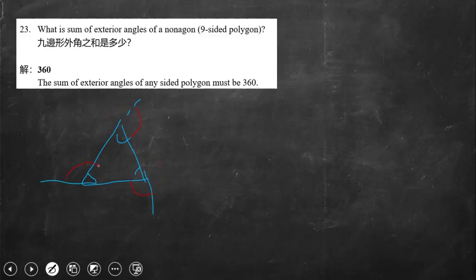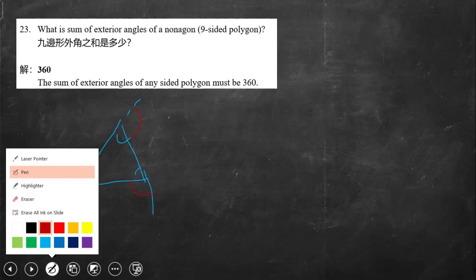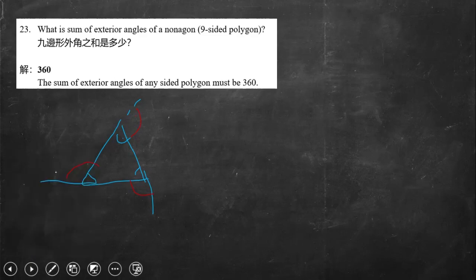So the sum of interior angles of a triangle is 180, and the sum of complementary angles is 180. Sum of interior, yeah, okay. So this is the formula.